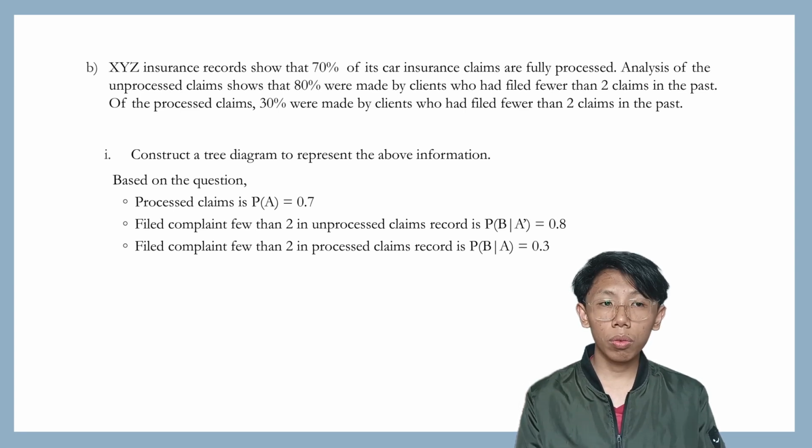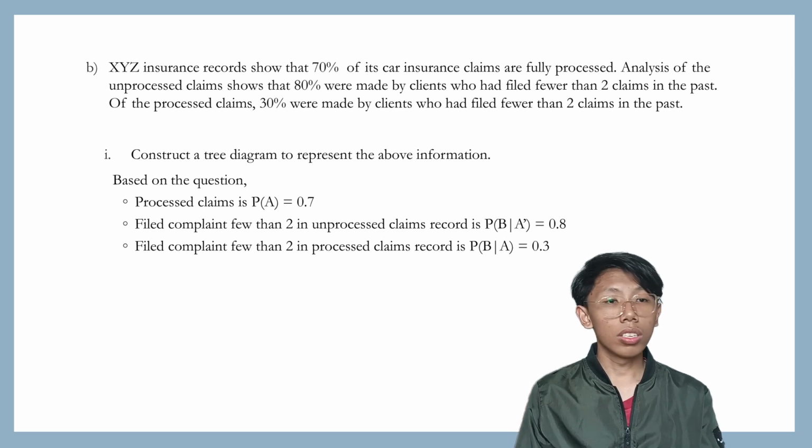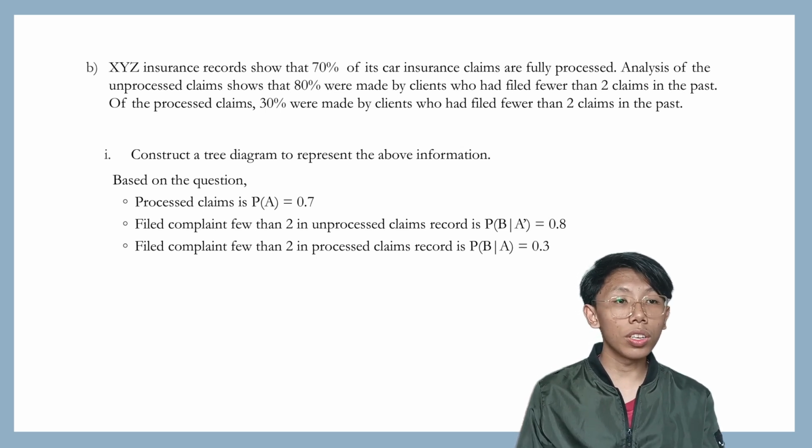The probability of fewer than 2 claims in unprocessed claims is P(B|A') is 0.8, while fewer than 2 claims in the processed claims is P(B|A) equals 0.3.